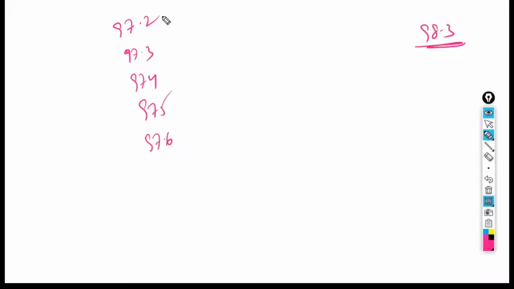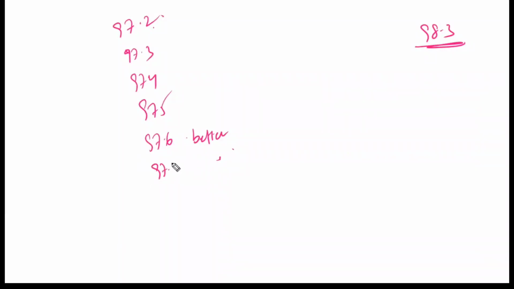For example, compared to 97.2, 97.6 will get a better sound. Compared to this one, better sound. But still, because this is the last number, we'll not stop here. We'll try to improve, that is 97.7. Again, I will get a better answer. When I'm getting better, I will not stop. I will continue. I will stop only when it stops getting better.